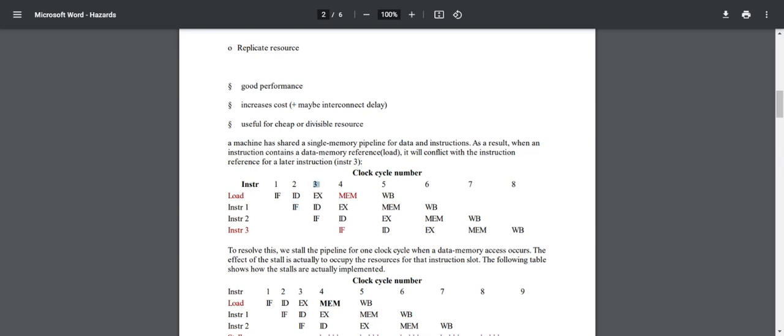Now clock cycle 3, inside clock cycle 3, you can see that instruction load is in execution phase, right? And instruction 1 is obviously being decoded and instruction 2 is fetched. Then when the clock cycle begins, as it is a load type instruction, some kind of memory operation might be necessary here.